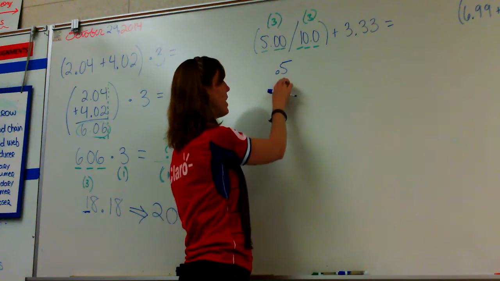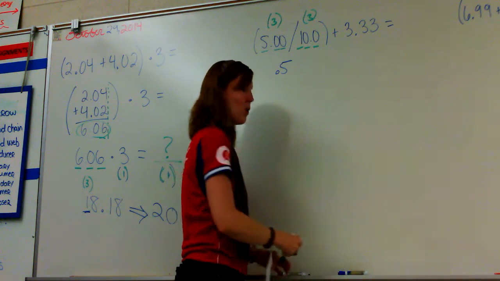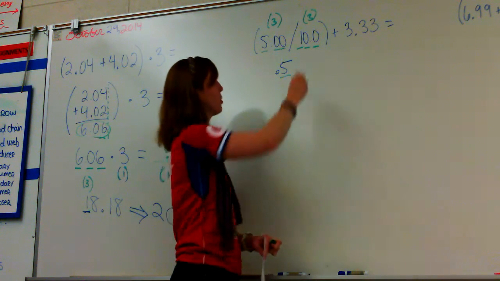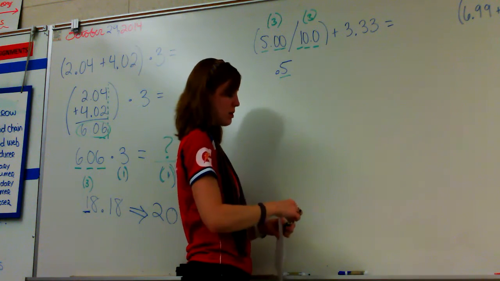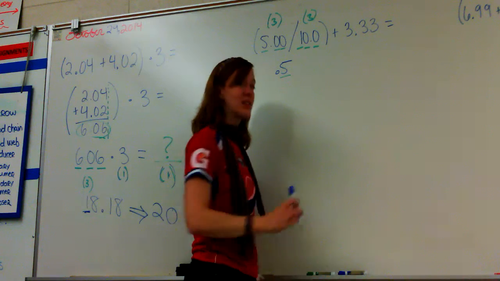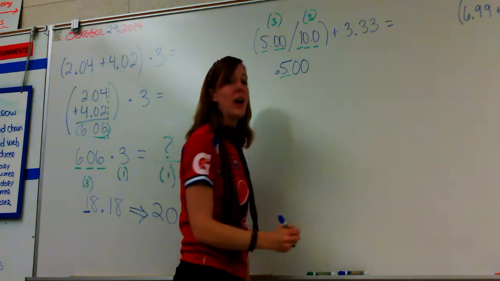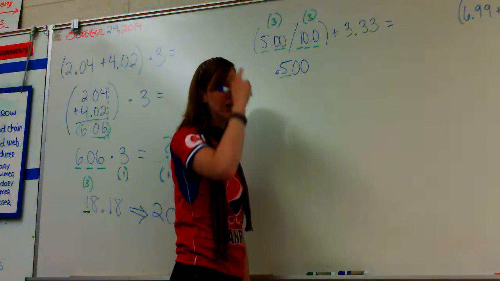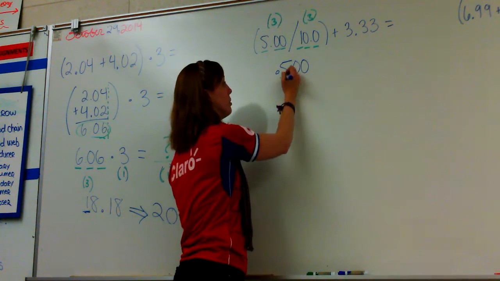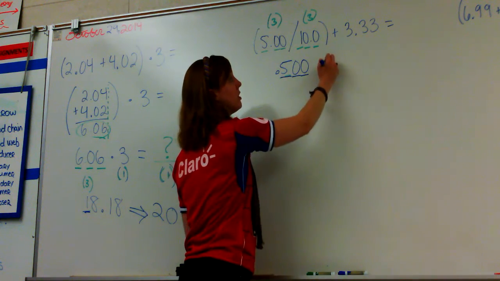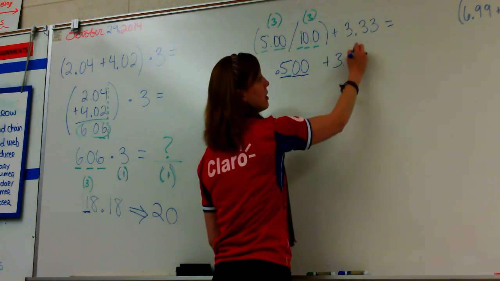Well gosh, 0.5 only has 1 significant digit. That's terrible. I am supposed to have 3. So how do I add significant digits? I'm going to add zeros at the end.